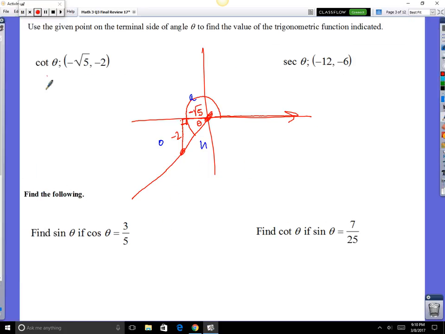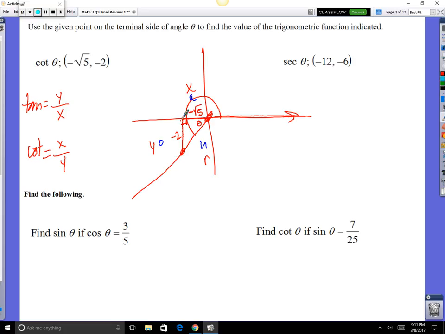Cotangent is related to tangent, and tangent is y over x. So cotangent is going to be x over y, and they don't need this hypotenuse. So the x is the adjacent, the y is the opposite, the hypotenuse is r.